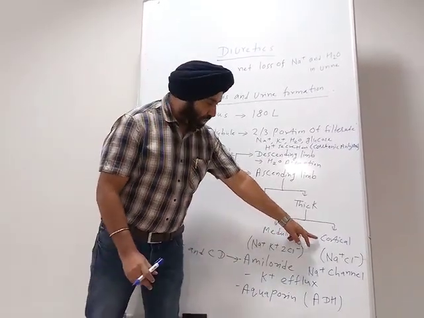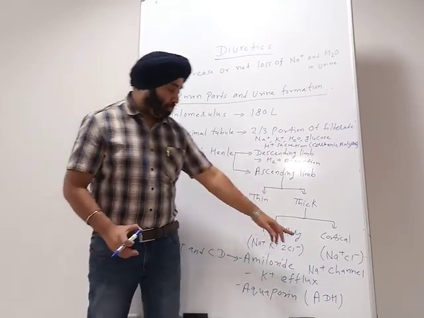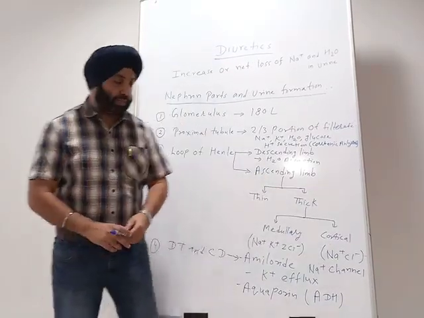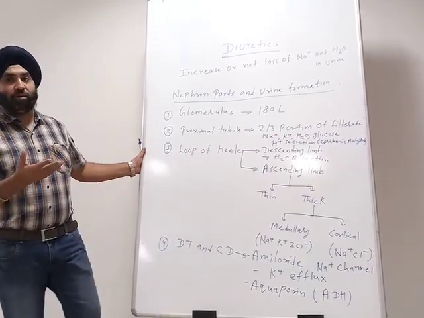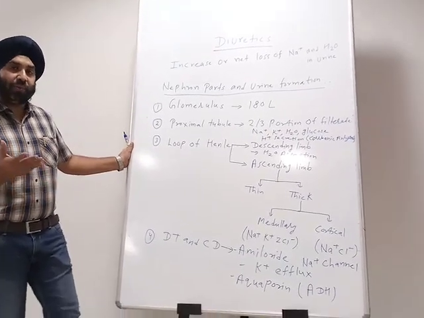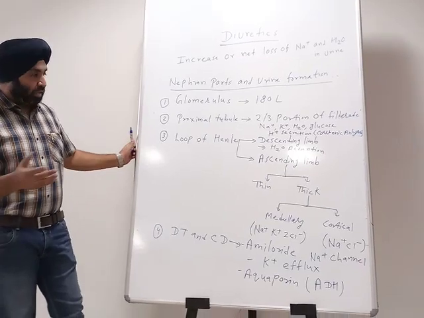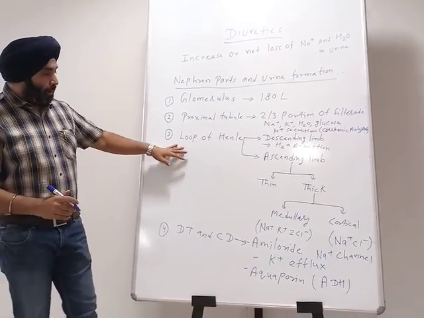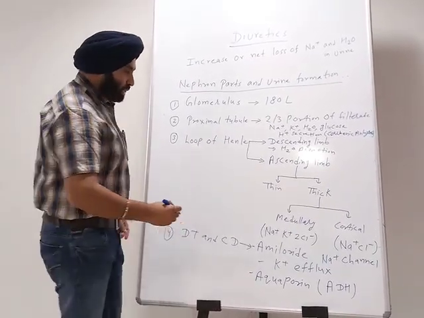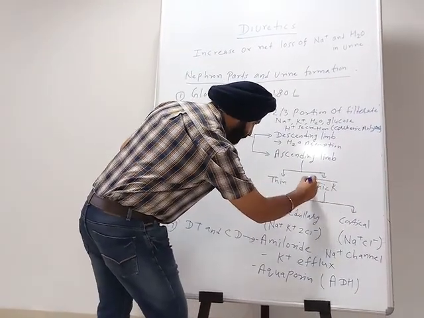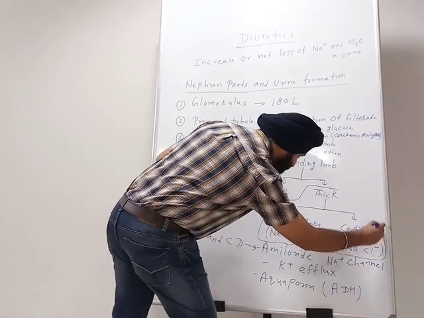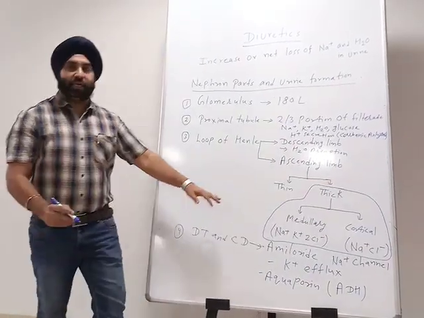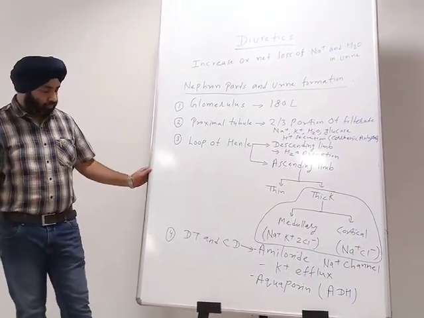The next part is cortical, in which the sodium chloride symporter is present, which as usual reabsorbs sodium and chloride, but again it is impermeable to water. From the diuretic point of view, this thick ascending limb is very important. Why, we will discuss later on.